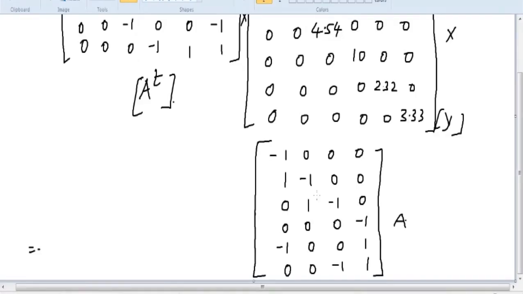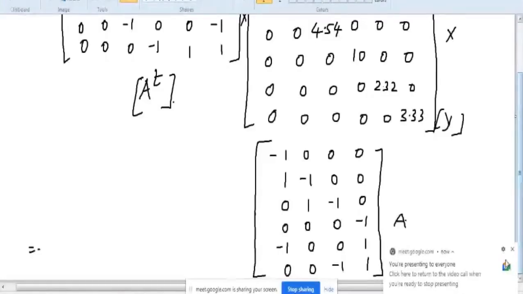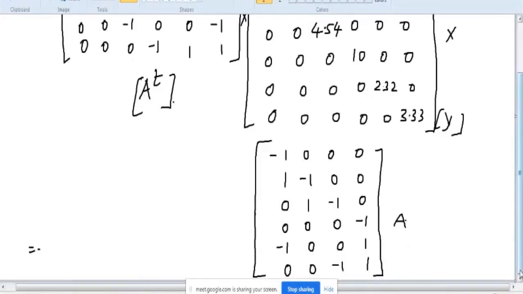So please quickly find the answers. A transpose Y A.